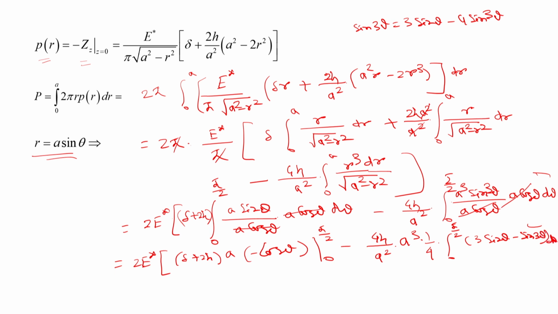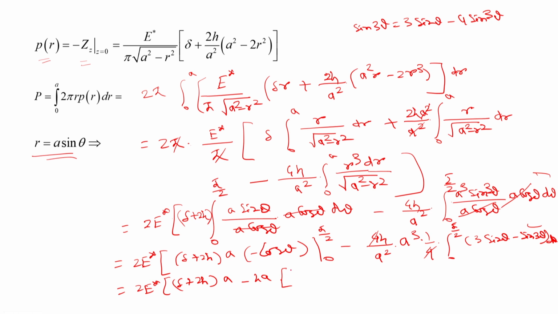So you do all that. This a gets cancelled. So finally you will have 2 E star into delta plus 2h into a here, and with pi by 2 and 0, cos 0 is 1, so this is h into a. Now what do I get here?